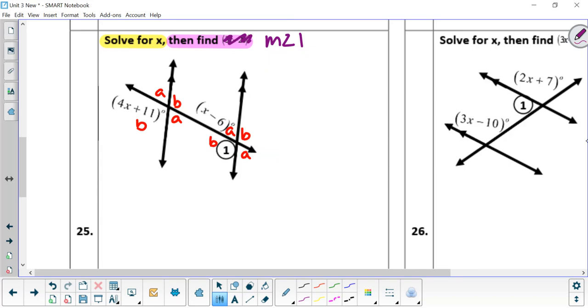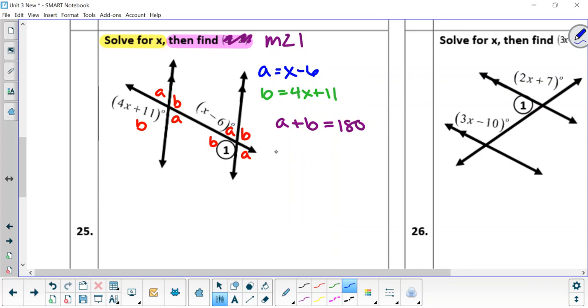Alright, this one's a little bit different, right? Because now I know my A is x minus 6, but I don't have another A. I have a B that is 4x plus 11. So I have to use my rule that says A plus B equals 180. That's how I'm going to solve for x.